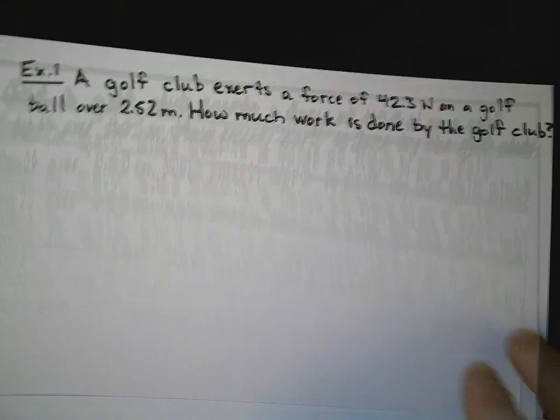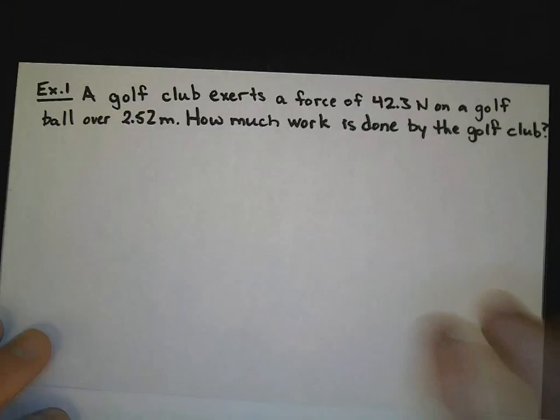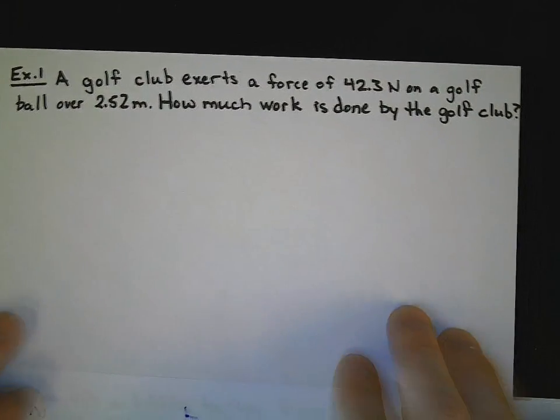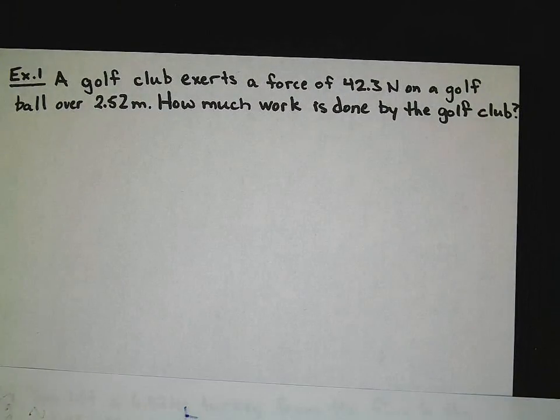So let us now just go through a few quick examples. Let's say a golf club exerts a force of 42.3 newtons on a golf ball over a distance of 2.52 meters. Let us determine how much work is done by the golf club.